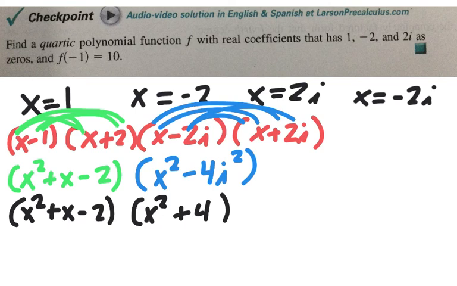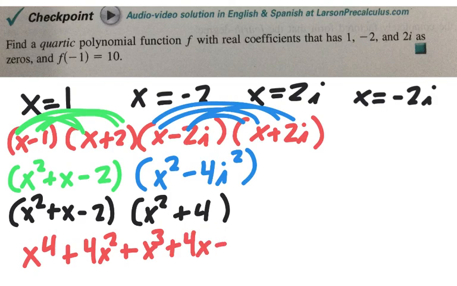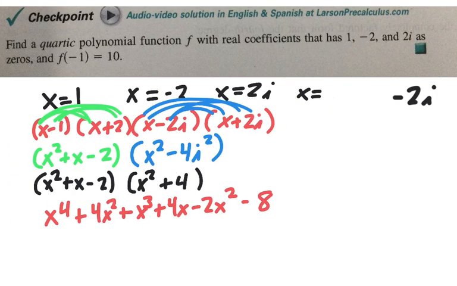Then distribute. Then we combine like terms.